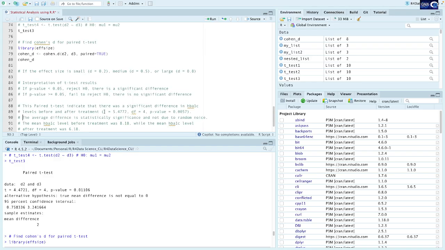The average difference is statistically significant and not due to the random noise.